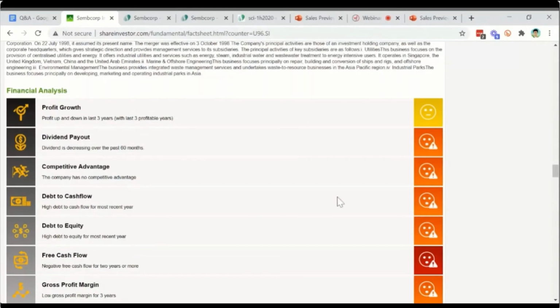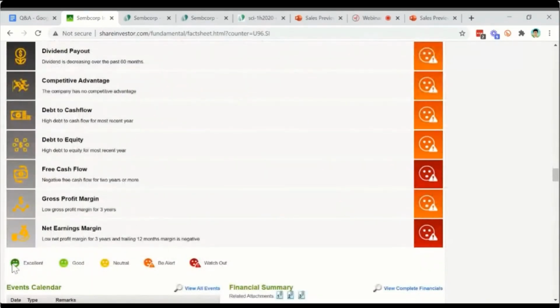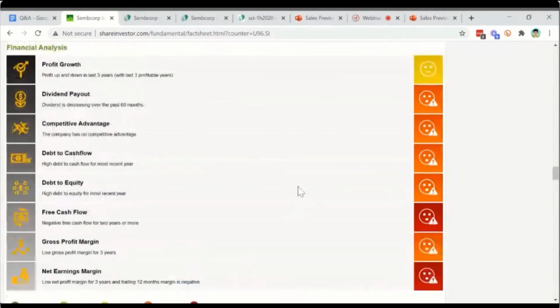So you can see all the smiley faces over here, and from the legend, you will want to have more green faces, so excellent and good metrics, as opposed to be alert and watch out. From just one glance, you can see Sembcorp Industries is actually in a pretty bad shape. Be it the profit growth or the dividend, it is decreasing over the past 5 years.